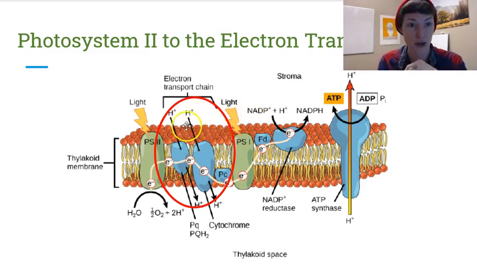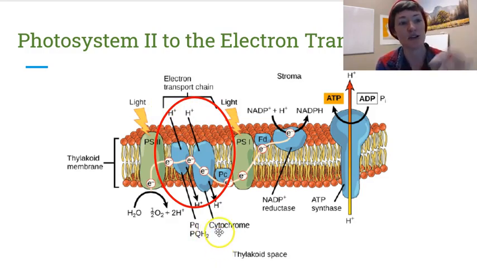These protons, H+ ions, they're not molecules, can't move across on their own, even though they are basically as tiny as you can get. They can't move through this membrane because they have a positive charge. So charged particles can't move through membranes on their own. They have to be brought over.